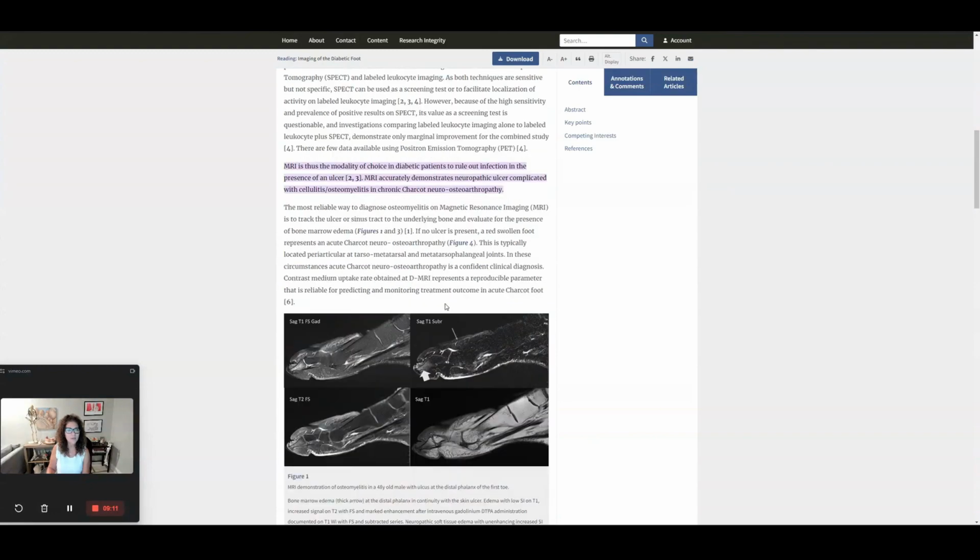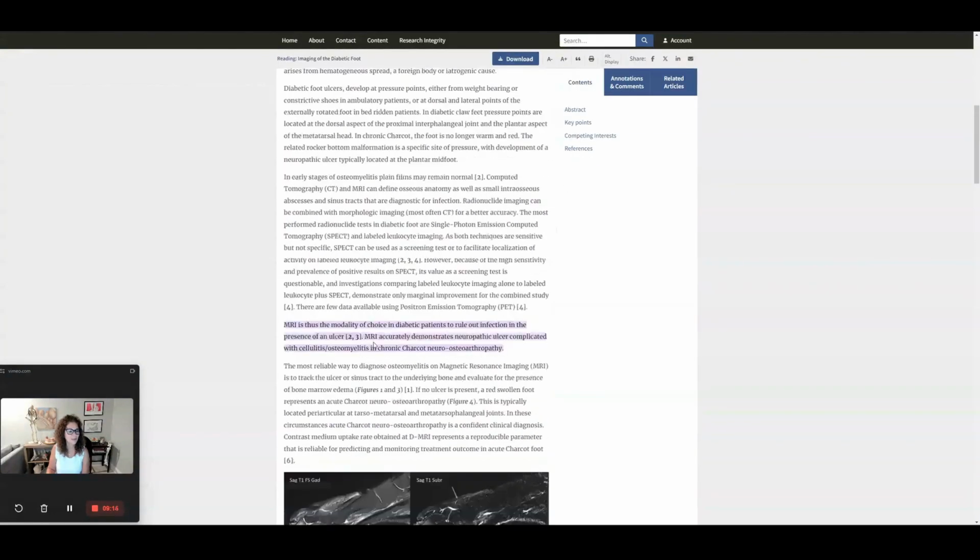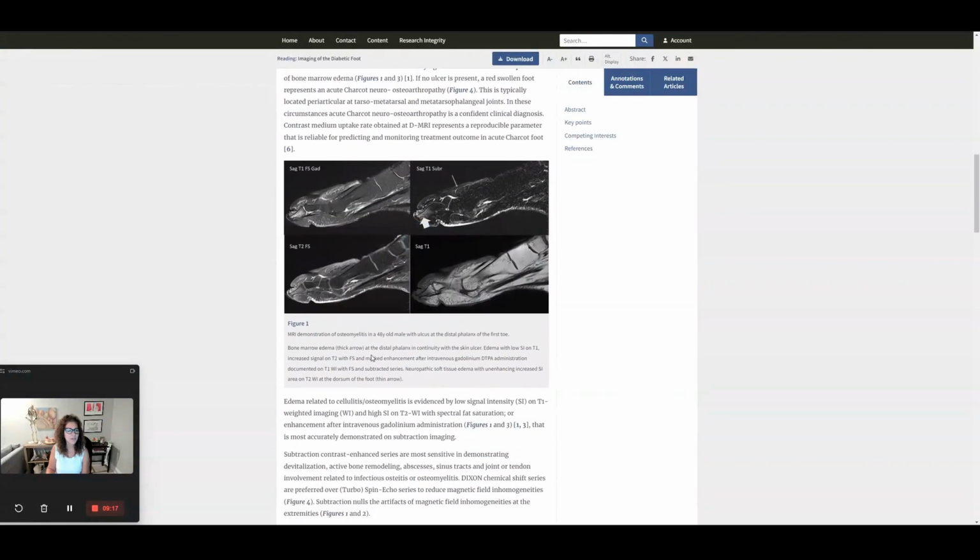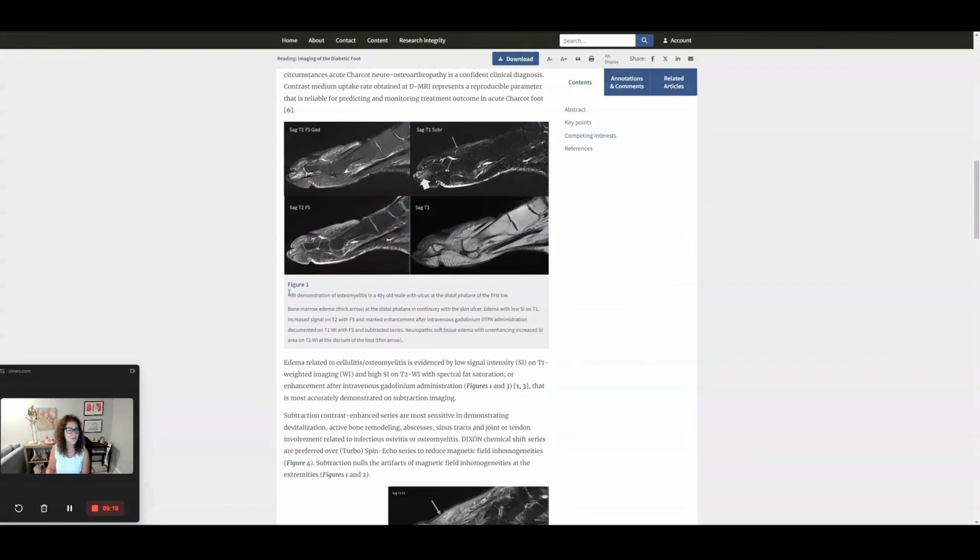And when we think about further examples of imaging of the diabetic foot, what we can appreciate in this MRI when we're looking at the different enhancement patterns, that the neuropathic soft tissue edema is essentially not going to enhance in this location where we see that there may be some mild enhancement here.